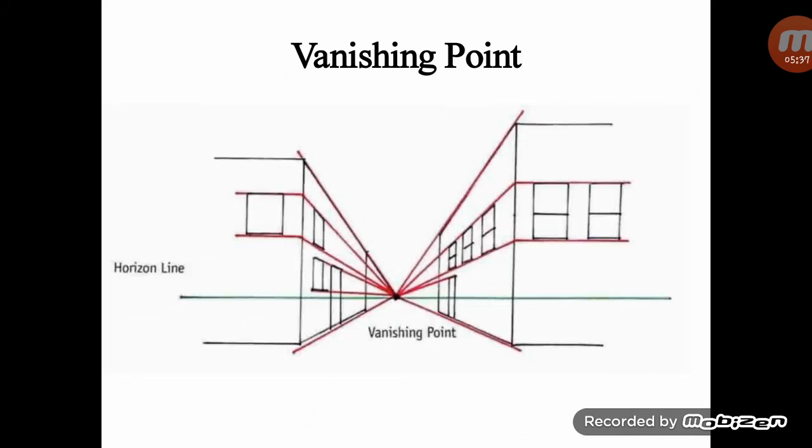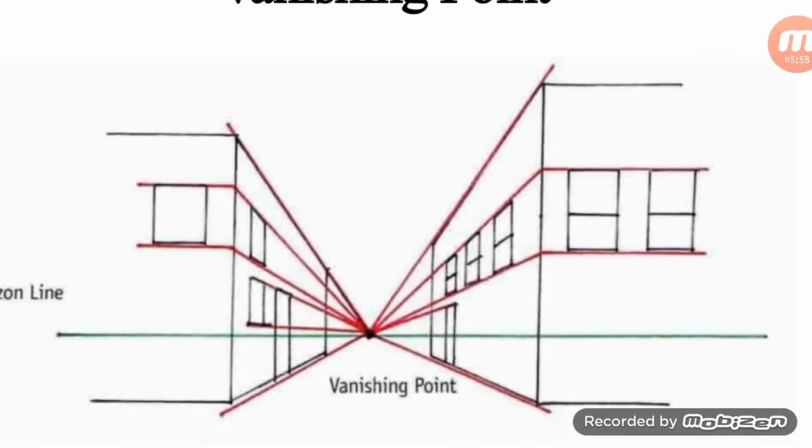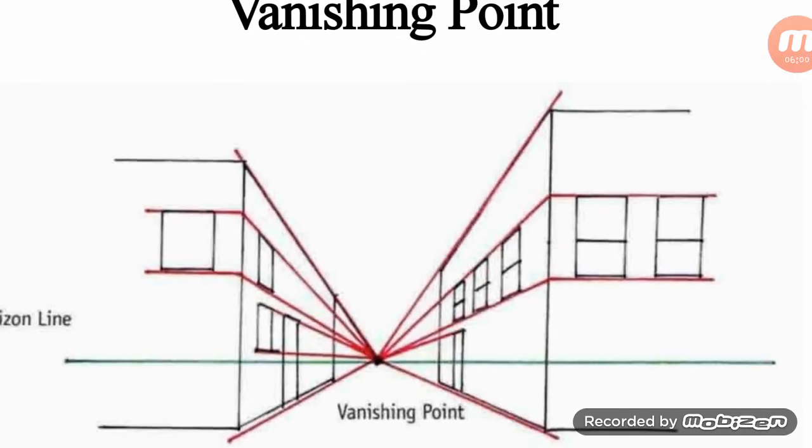Vanishing point: the point on the horizon line at which lines or edges that are parallel appear to converge. You can see the vanishing point.